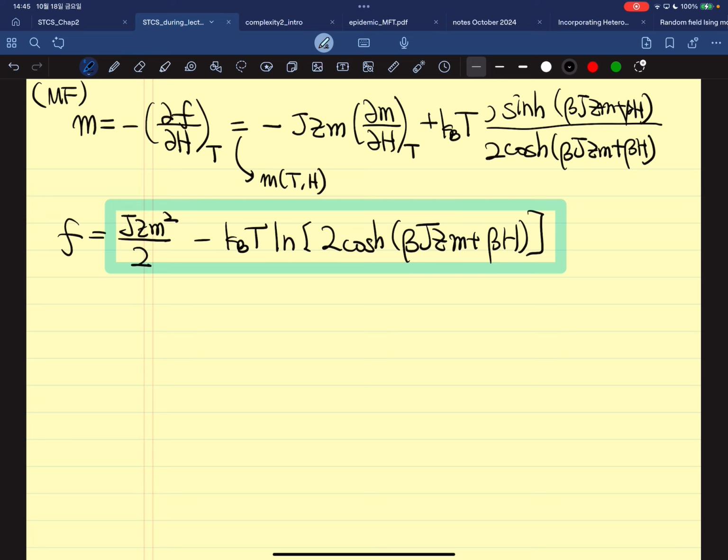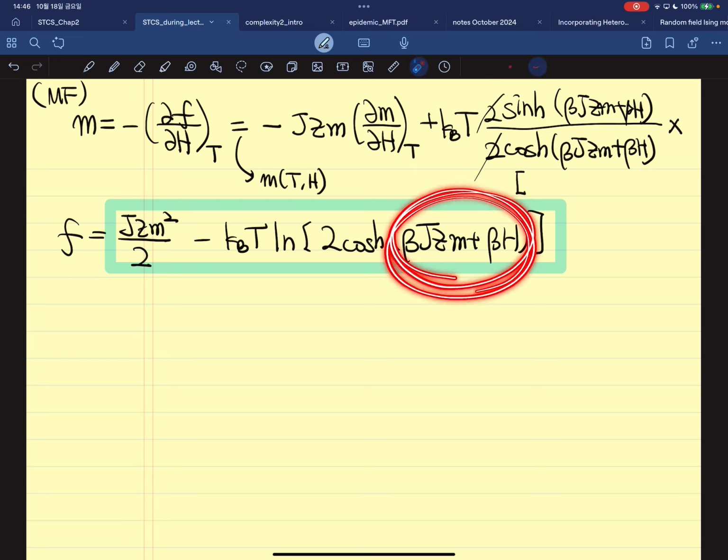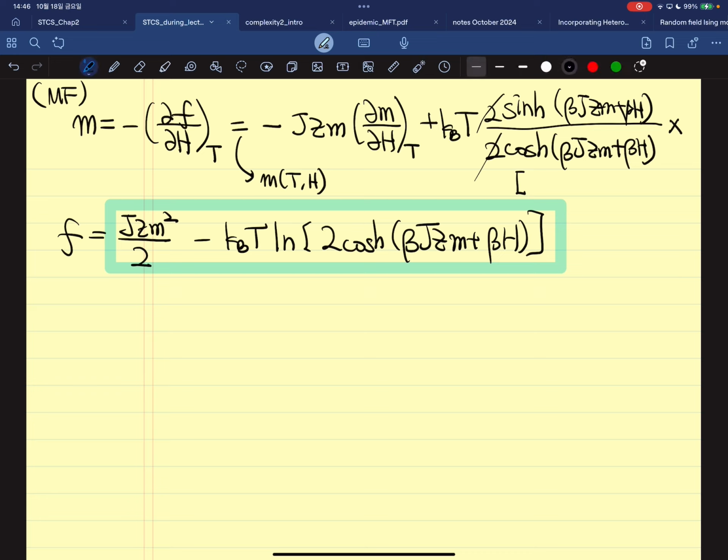It should be like this, but it's already fixed. And times the derivative of this argument. So the first thing is, of course, beta J and this differential term, and beta itself.